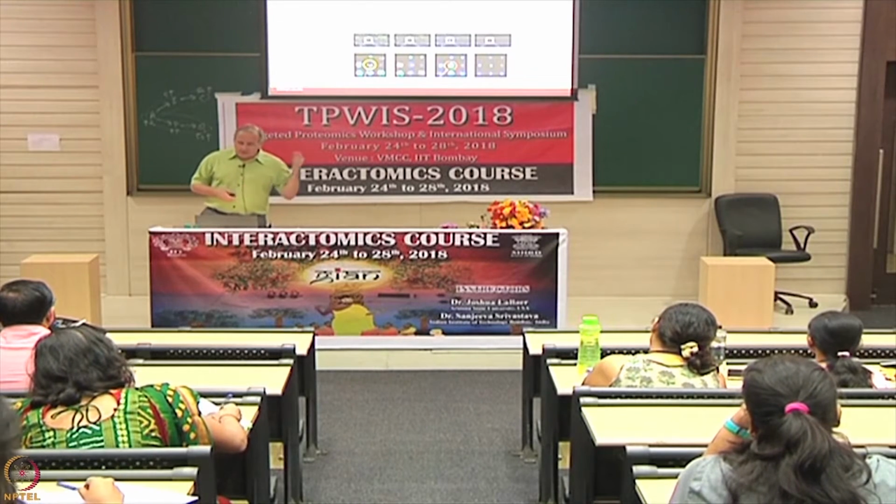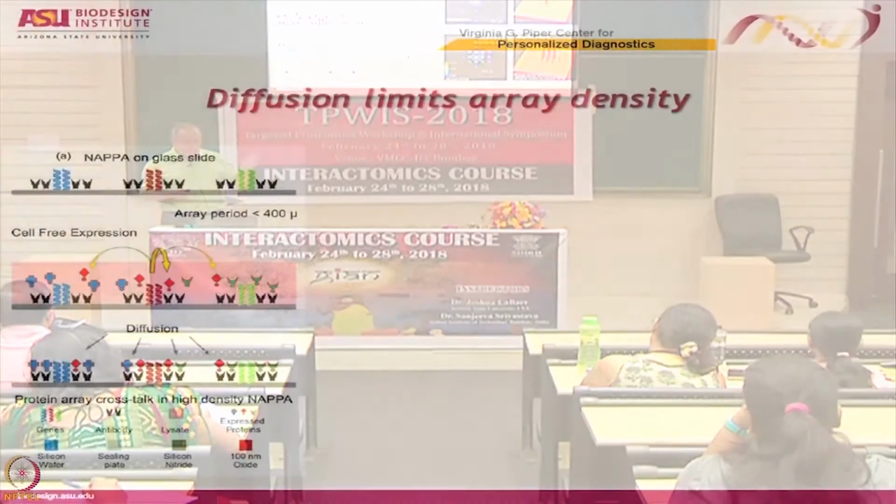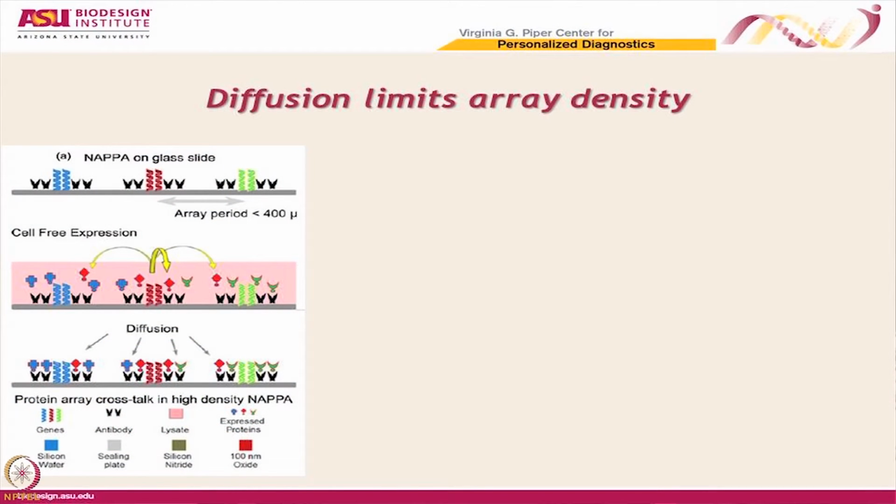Okay. All right. So we talked about this a little bit earlier in the course. This issue of protein diffusion, a couple people asked the question about it. So what do I mean by protein diffusion? Well, here are 3 spots on the array, kind of in a cartoon. And here you see the DNA for each of these genes.